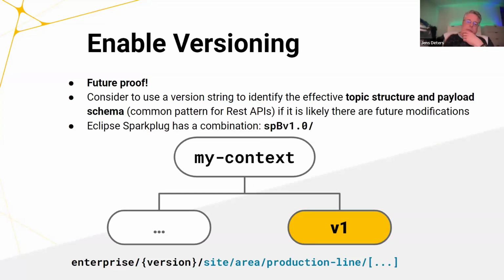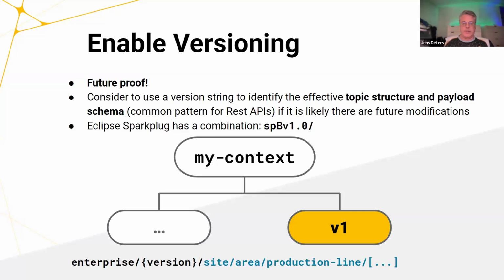What's also a good approach, especially if you're starting to design your unified namespace and it's really likely that you will have future modifications to your namespace, is to introduce a version. This is commonly used, for instance, in a REST API.